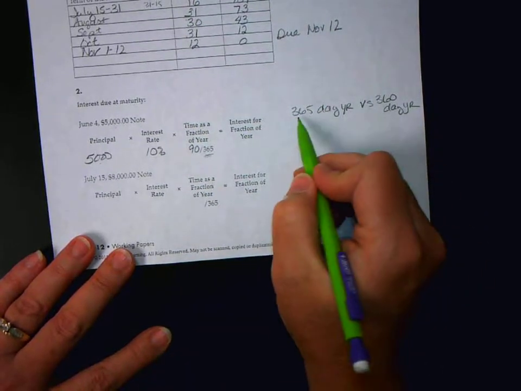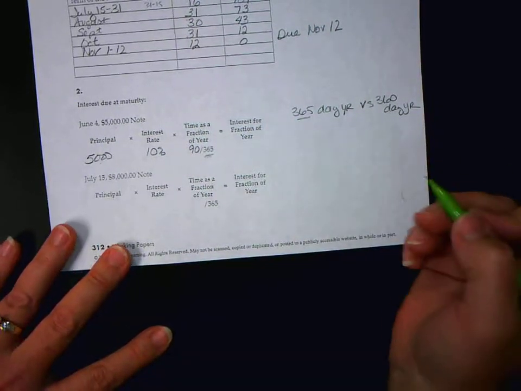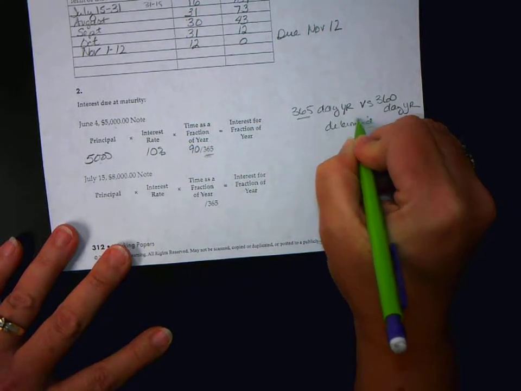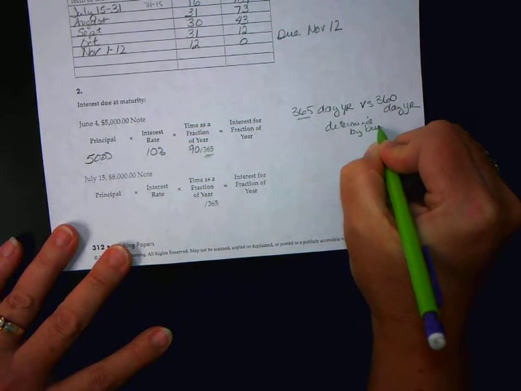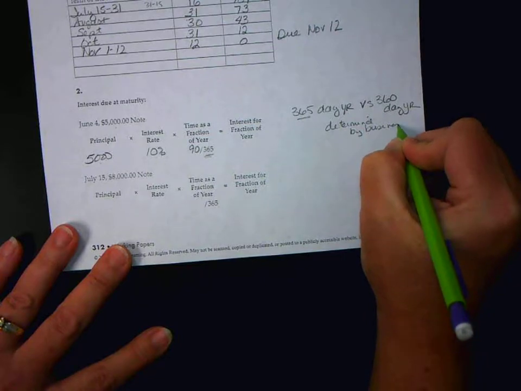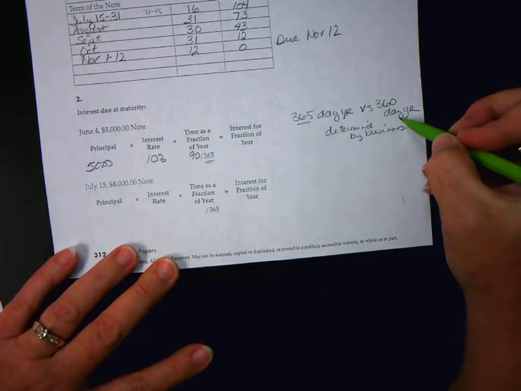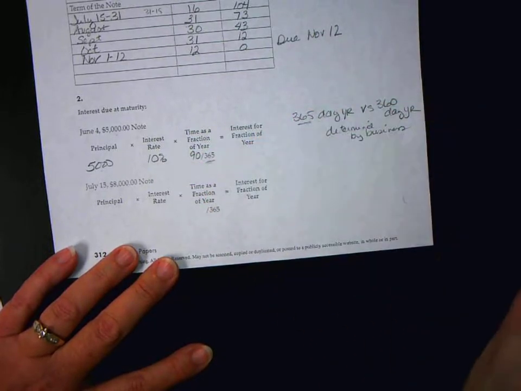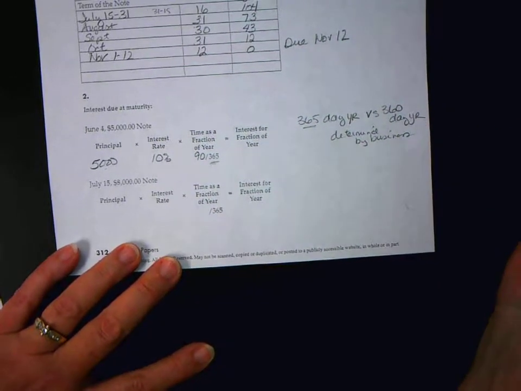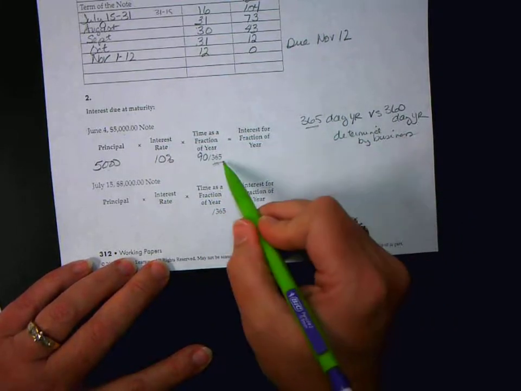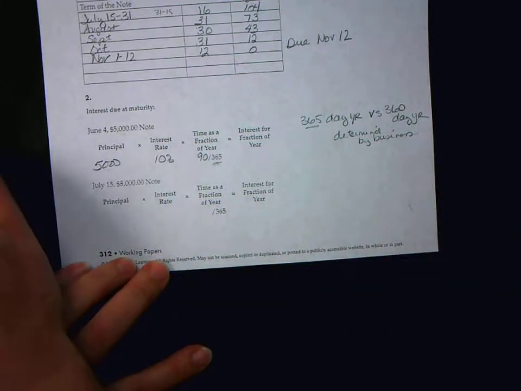For us, we're going to assume it's a 365-day, okay? But this is determined by the business or the bank. It's how they're going to calculate interest rate. So if you're going to have a 360-day year, your interest rate might be a little bit higher because they're going to get that money from you one way or the other. But unless you're told differently in this book, we're going to use 365.